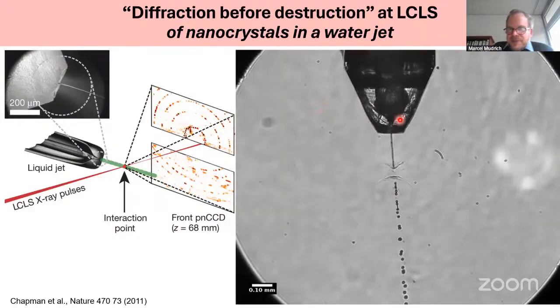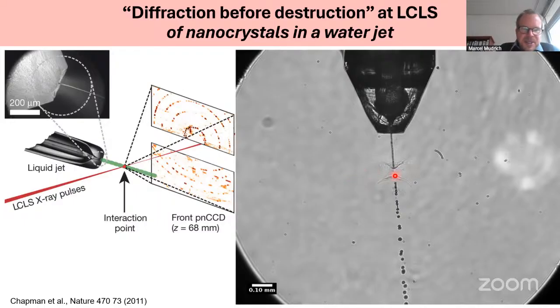This is a photograph showing the moment of interaction of an X-ray beam with such a liquid microjet. These X-ray beams are very intense and they are highly ionizing. So obviously an X-ray beam that hits the water jet ionizes it and explodes it, which can be seen as these flashes, basically cutting a hole into the jet.